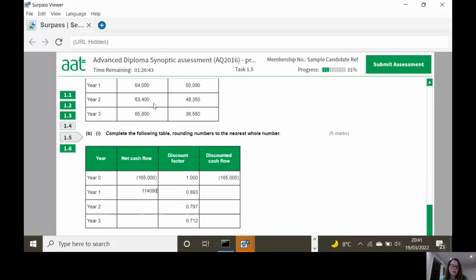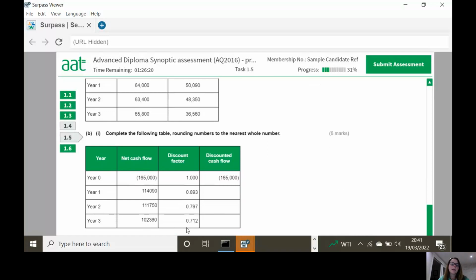Right, year 2, I'm going to do 63,400 plus 48,350. So that is 111,750. And then for year 3, 65,800 plus 36,560 gives me 102,360.